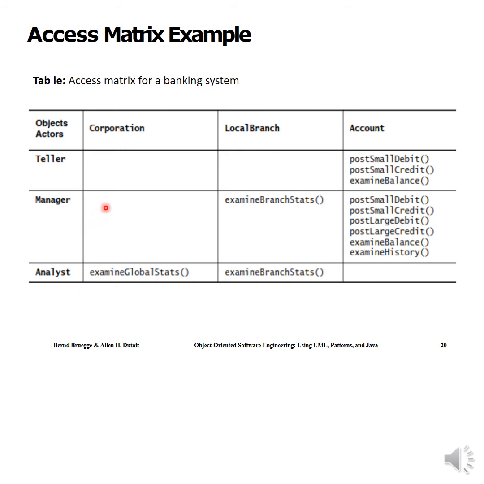So this access matrix defines the access right of each actor on the objects of the class. So this represents access right, like post small debit, post small credit, examine balance. This represents access right.